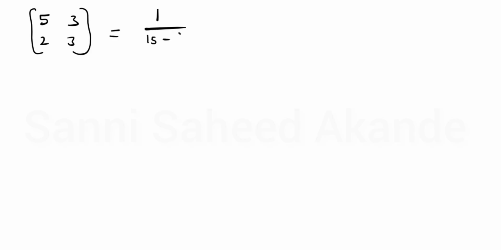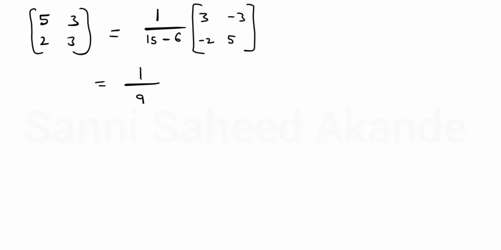Then you interchange these diagonal numbers, so you have 3 and 5. Then this 3 changes to minus 3, and this to minus 2. As simple as that. So we now have 1 over 15 minus 6, which will give us 9.